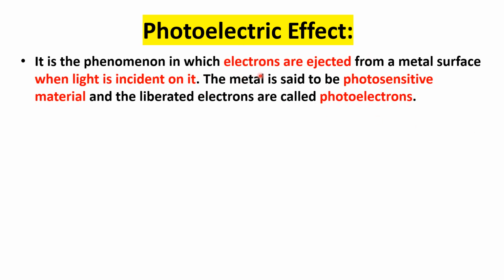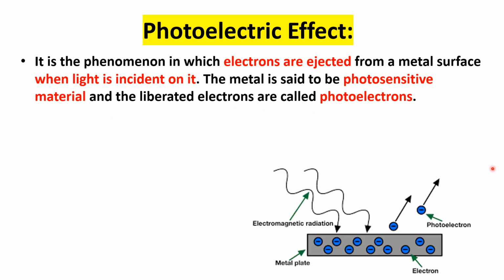It is the ejection of electrons from a metal surface when light is incident on it, and the metal is known as photosensitive material, and the ejected electrons are known as photoelectrons. And here we can see, if we have a metal plate and the electromagnetic radiation falls on it, then the electrons are ejected, and these are known as photoelectrons.